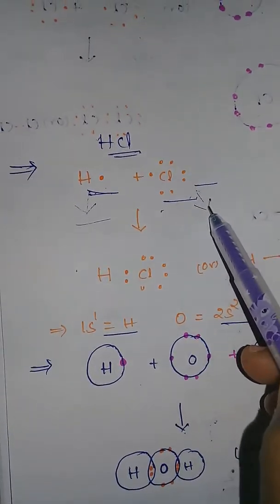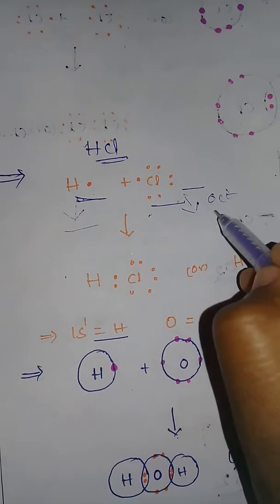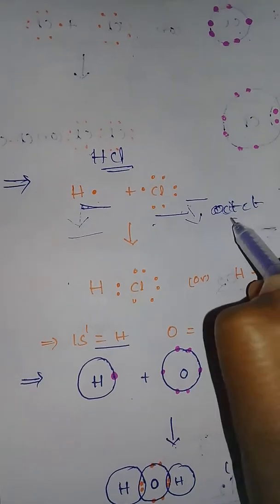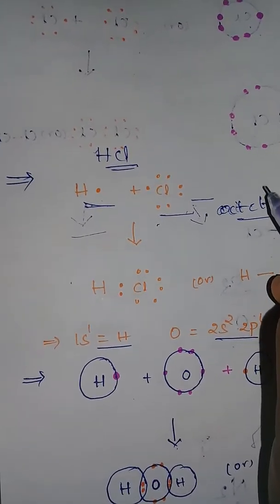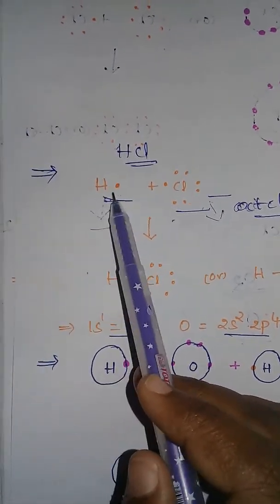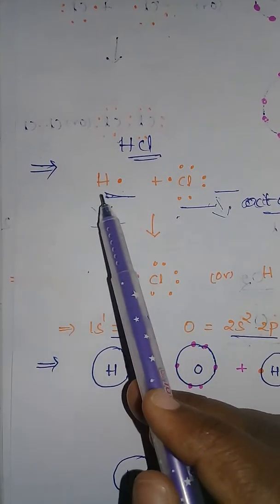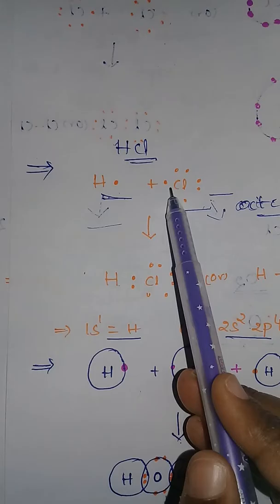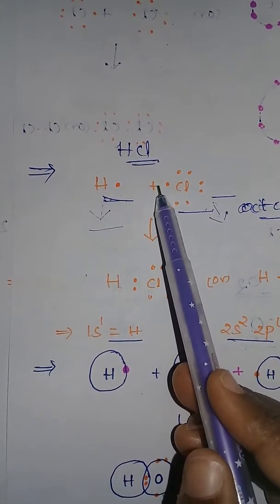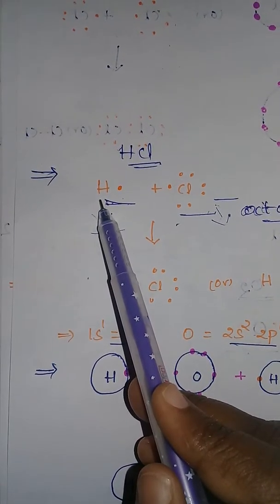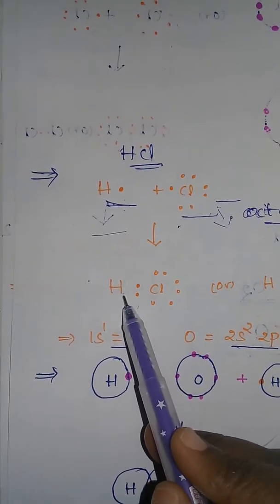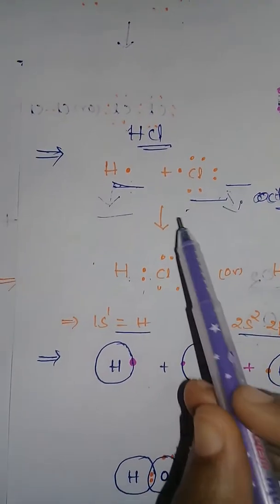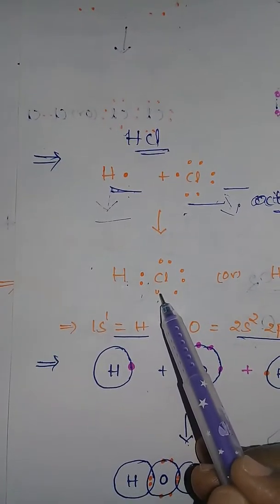To obtain octet configuration, chlorine is 1 electron short. So by sharing 1 electron from hydrogen to chlorine, chlorine attains octet configuration, and by sharing 1 electron from chlorine to hydrogen, hydrogen attains duplet structure.